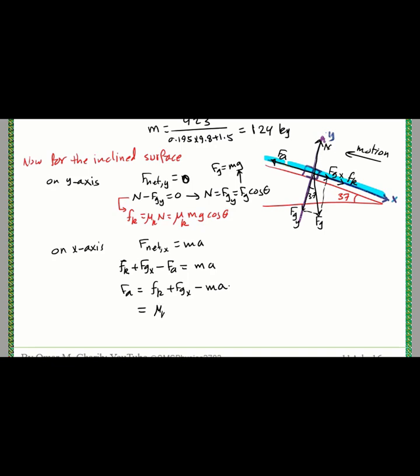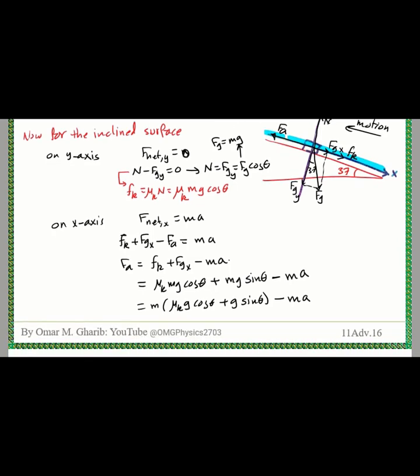Fk is mu k m g cosine theta, plus Fgx, which is m g sine theta, minus m times a. We can factorize m: mu k g cosine theta plus g sine theta, minus m times a. Substitute your numbers.